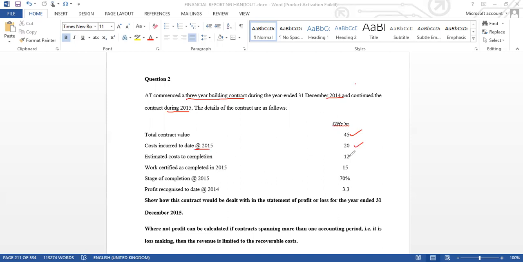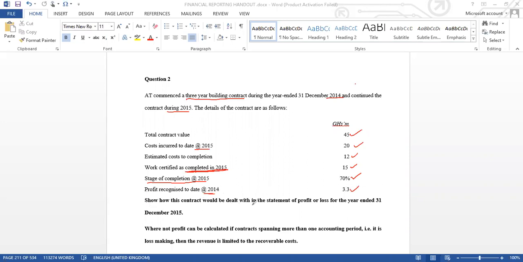We have estimated cost to complete 12, work certified in 2015. You have to be very, very careful about the way they put this. So the work that is certified in 2015 is what you have. Then you have stage of completion as at 2015, which is 70%. Profit recognized up to 2014 is what you have here.